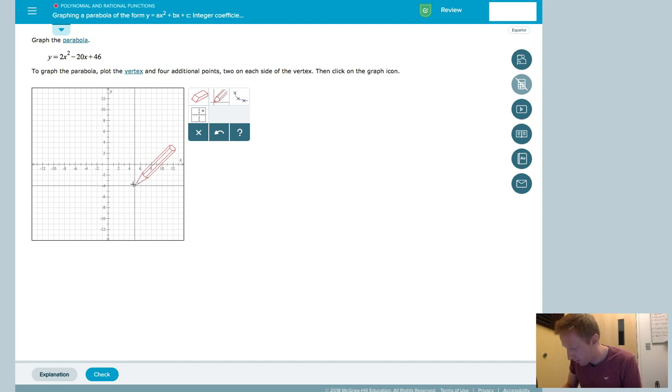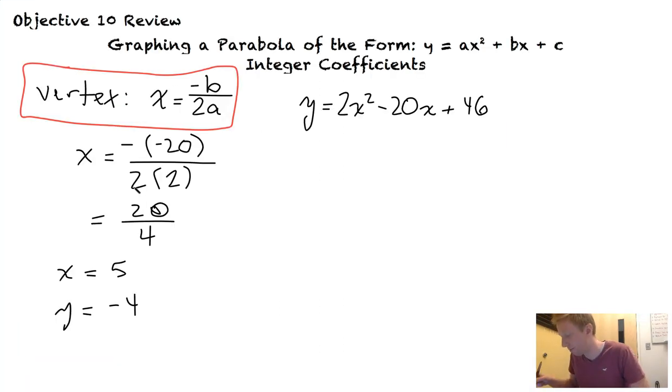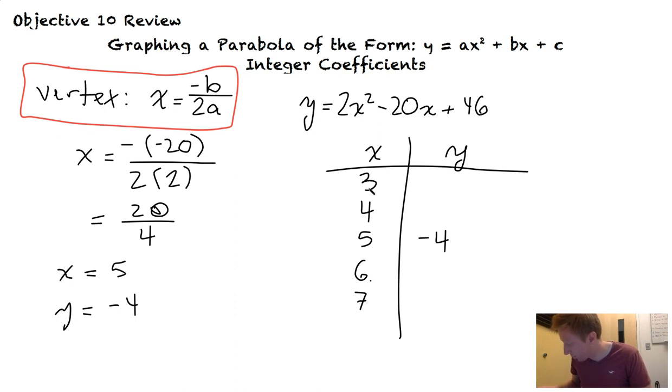The best practice for this is usually to choose the 2 points closest to the vertex. In other words, x equals 4 and x equals 3, and then choose x equals 6 and x equals 7. We will now put this into a table. I have the x values here that we're going to choose, 3, 4, 5, 6, and 7, knowing that 5 is the vertex, which is at a y value of -4.